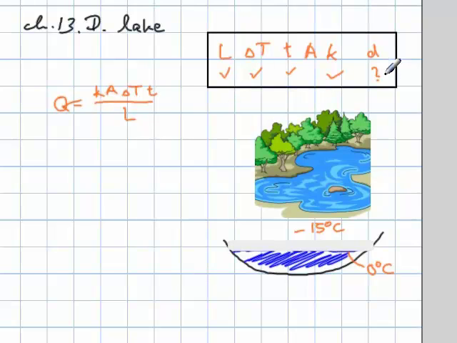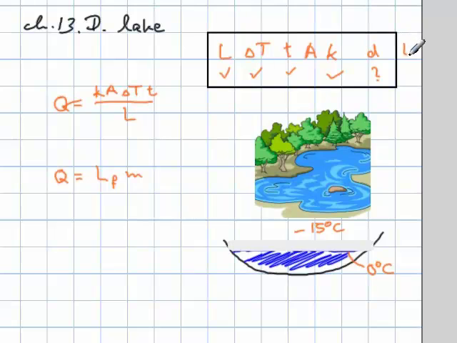But overall, we're supposed to figure out by how much ice is being produced at the bottom, and that leads us to the second equation. That liquid water becomes solid ice with a certain thickness, and that involves the latent heat of fusion for water, so that is Q equals L_F times mass, with the L_F given.